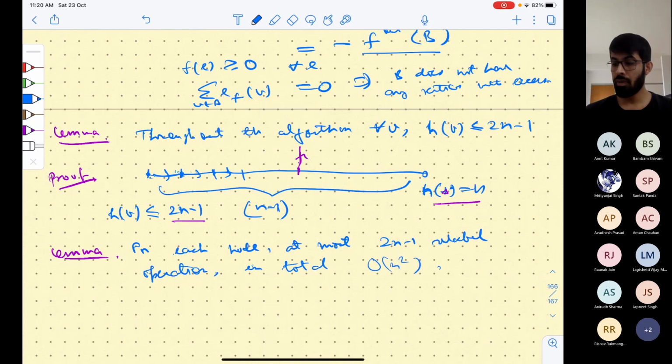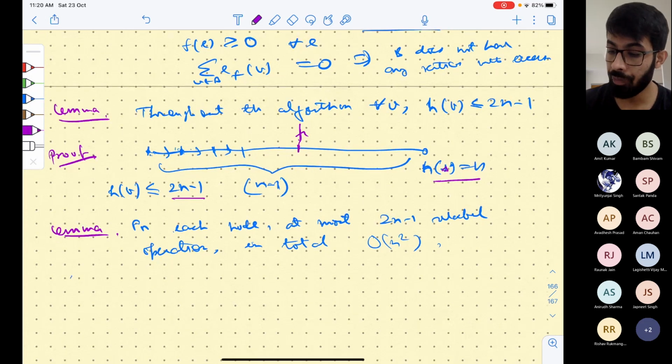So why is this true? Because the height of every node is at most 2n minus 1. Exactly. And the point is that labels never decrease throughout the algorithm.